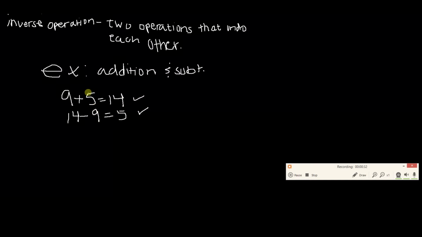So they both check out, as you can see, because they're inverse to each other. See here, 5 is right here, 5 is right here, 14 here, 14 here, 9 here, and 9 here. So this is a perfect example of an inverse operation. Now let's just go ahead on to the next term.